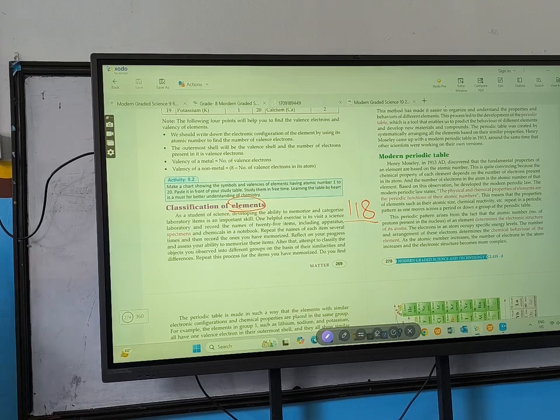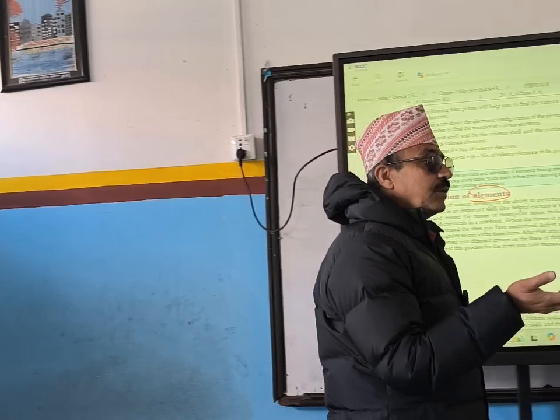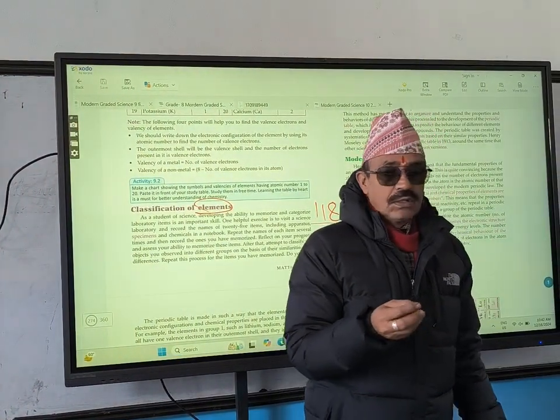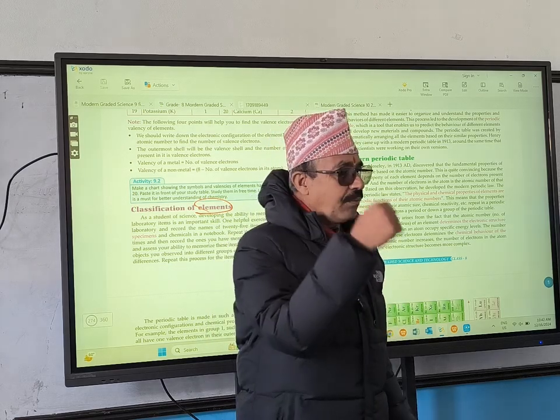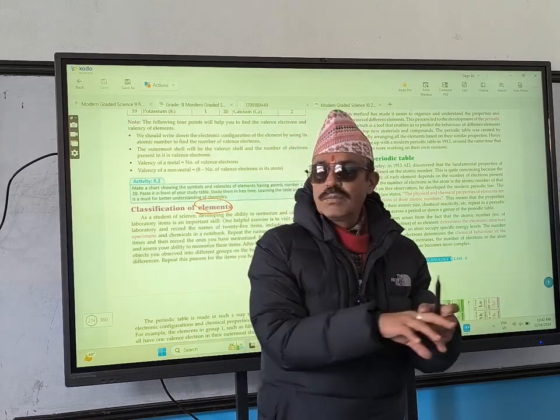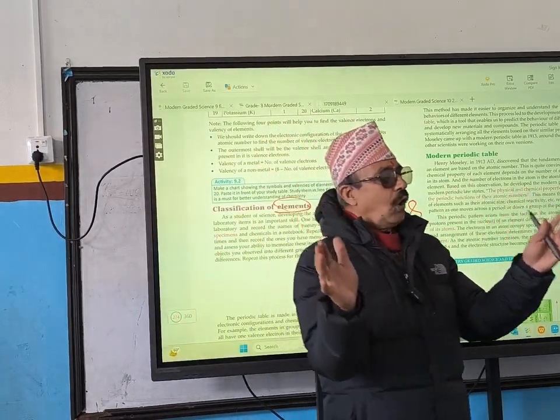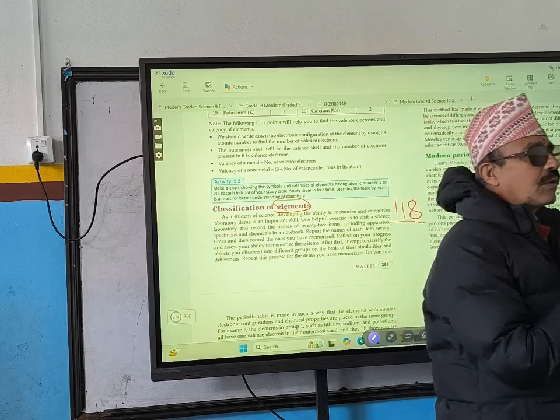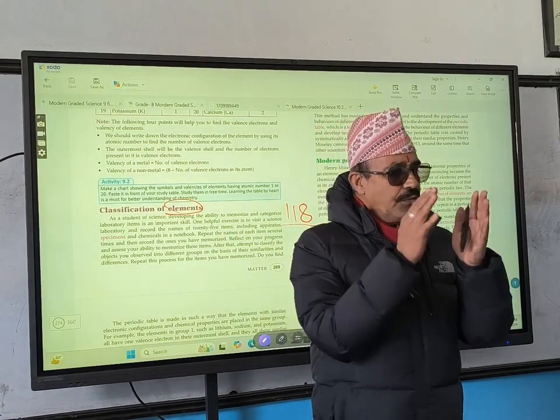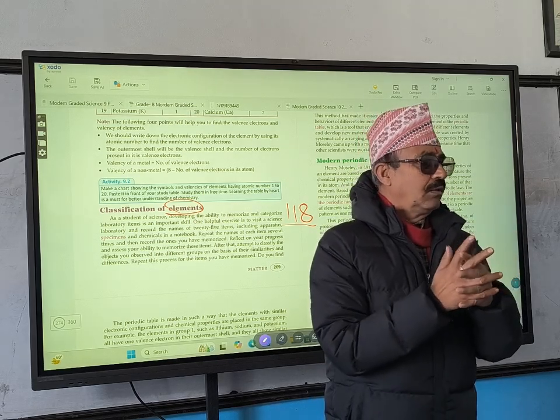Metal means they are good conductors of heat and electricity. Non-metal means they are bad conductors of heat and electricity. Some we can hammer into a plate like this one, right? Some metal, if we hammer it, breaks. I mean all elements do not possess similar characteristics. Some similar, some different. On that basis they are kept in one table.